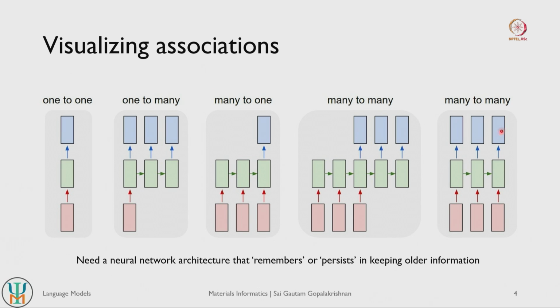This can also be in parallel, where these three inputs all influence the three different outputs. Here there is more of a sequential relationship, and this is more of a parallel relationship. So you can have several possible associations between your inputs and your outputs, and you would want your green blocks, your models, to be able to handle these different associations.